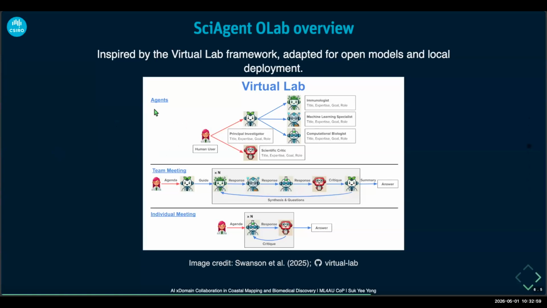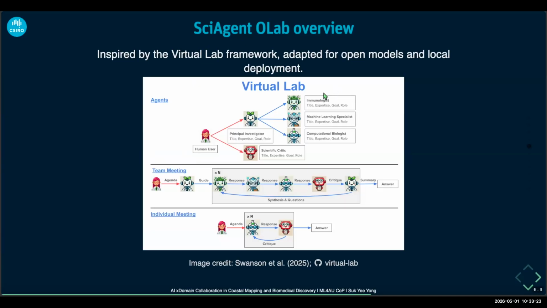I could go through the framework really quickly. In the first part, you have the agents, which you could define. You are the human user, and you could put in a principal investigator, who acts as a main agent.